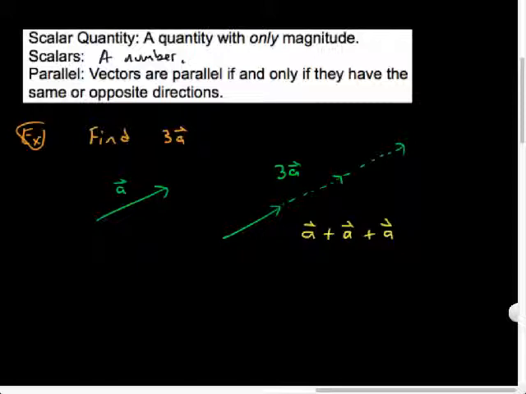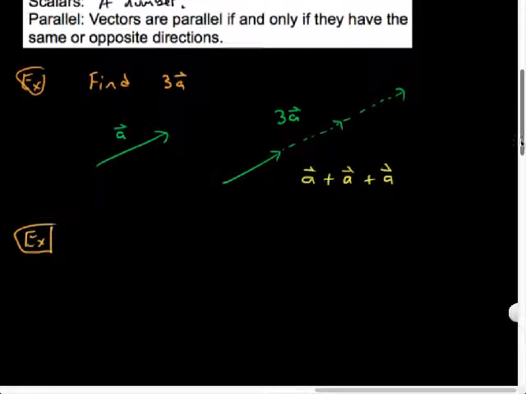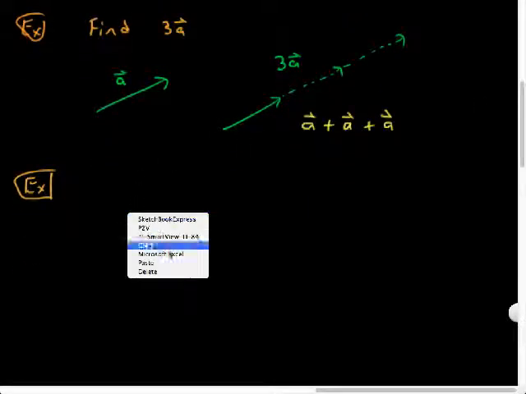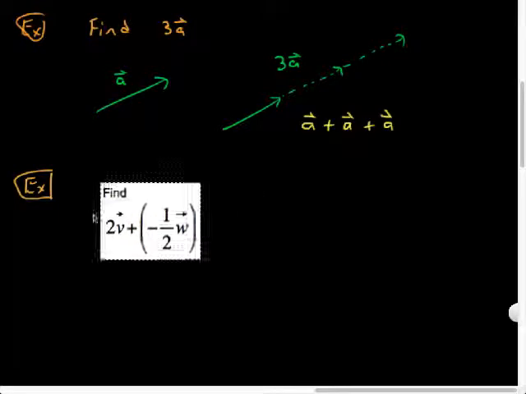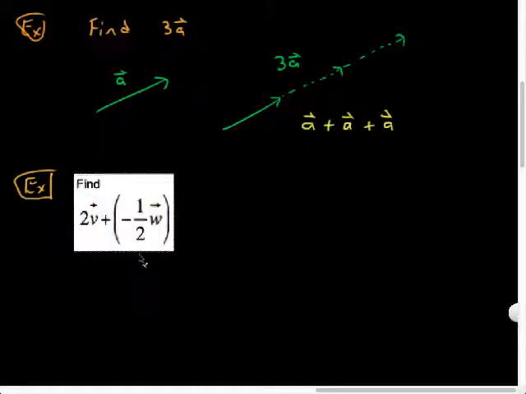So let's do a little example of the following. Cruising right along here. This might end up being my last example. We'll see. So let's say I want to find 2 times vector v plus -1/2 vector w.